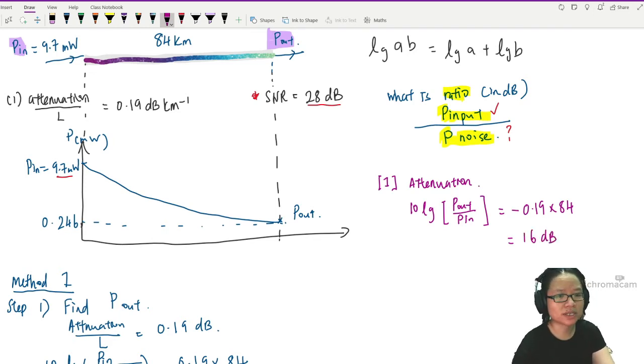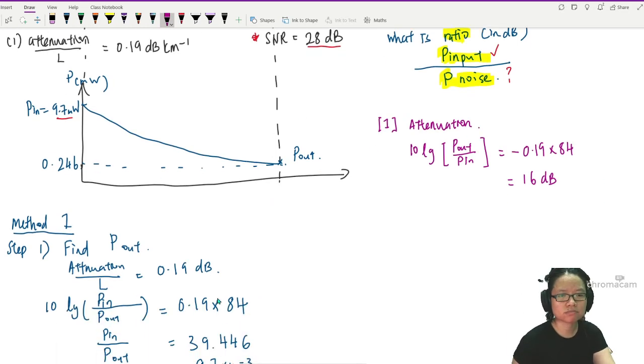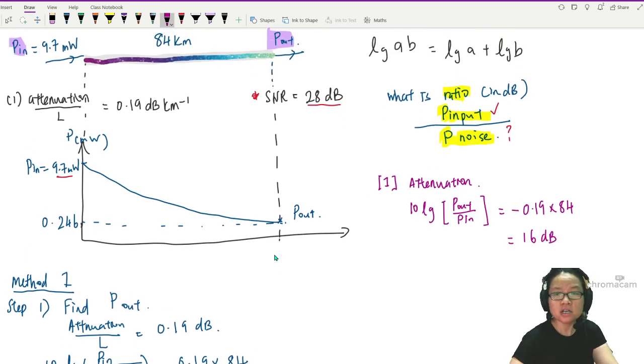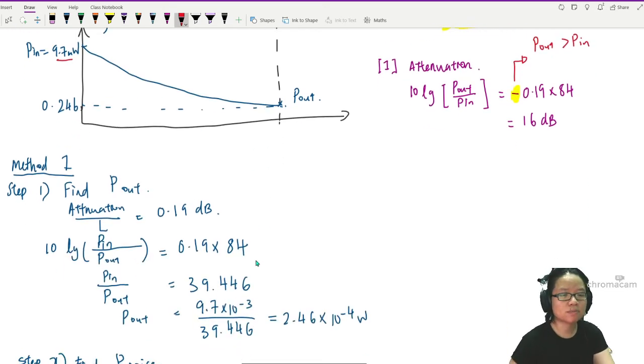Okay, 0.19 times 84. We did this before, it's here. Okay, so the attenuation out to in is negative, and then just for you again, I highlight and write in red. Who knows, maybe 1 month later you stare at this, you don't know why I put negative. Put negative here because output is smaller than input. I didn't put negative here, this is positive because P in is on top. Okay, so P in on top, the bigger one is on top, then it's positive.